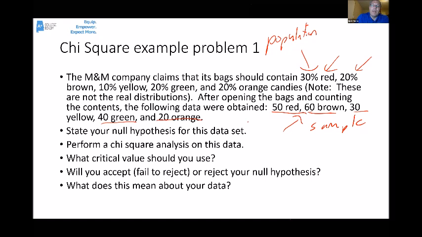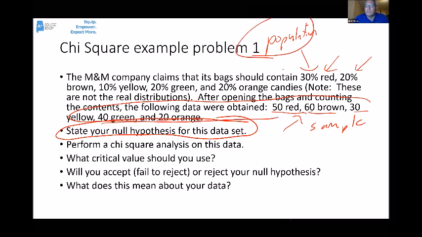So first of all, we've got to state a null hypothesis. Somebody again unmute and tell me what we said null means. None. None or not. So our null hypothesis is always going to be there's no statistically significant difference between our sample and our population.